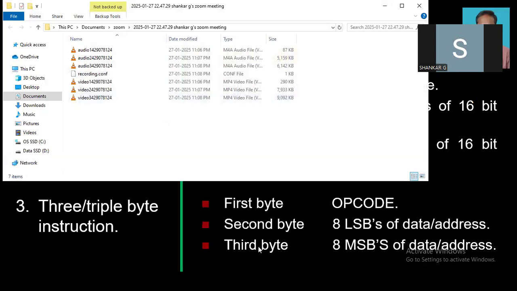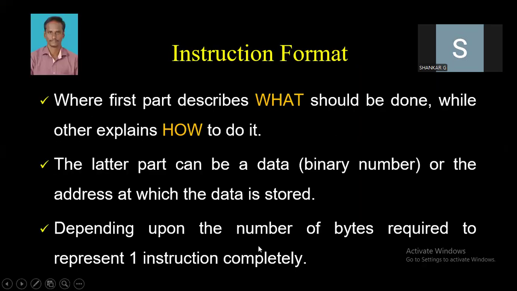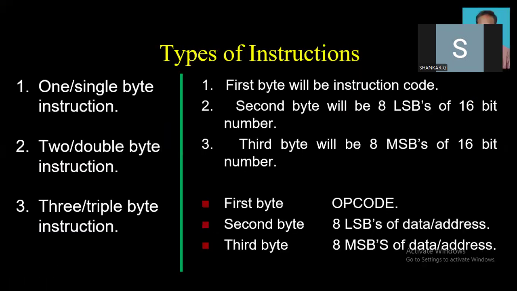Next, let us see the types of instructions. There are three types: 1 byte or single byte instruction, 2 byte or double byte instruction, and 3 byte or triple byte instruction.